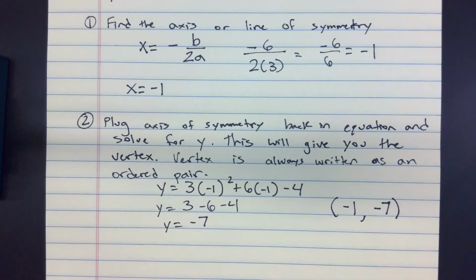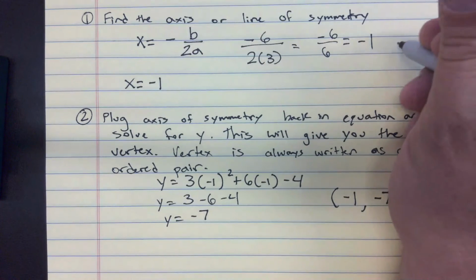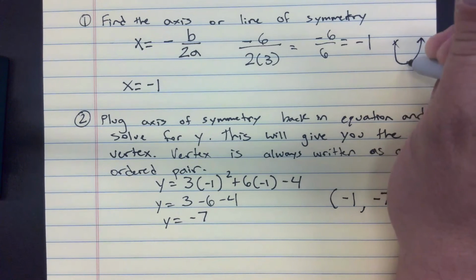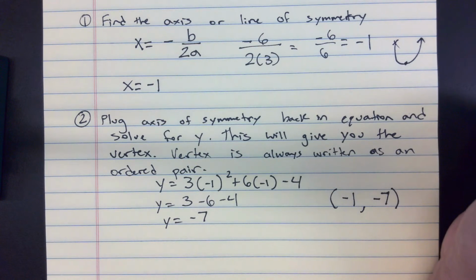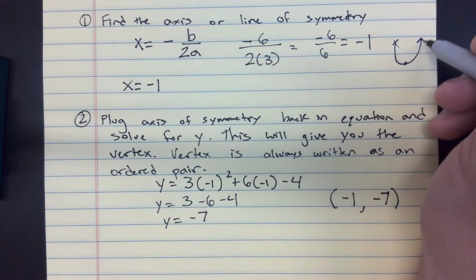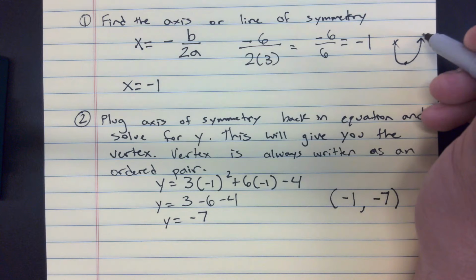Now, before I go on, what is a vertex? Does anyone know? Yeah, it's the highest or the lowest point. It's wherever the graph changes direction. So if we have a parabola like this, don't draw this, the vertex would be the lowest point, wherever the graph starts to change direction, from decreasing to increasing.